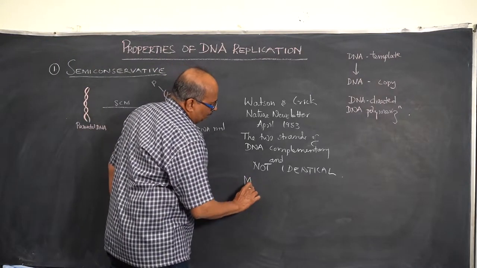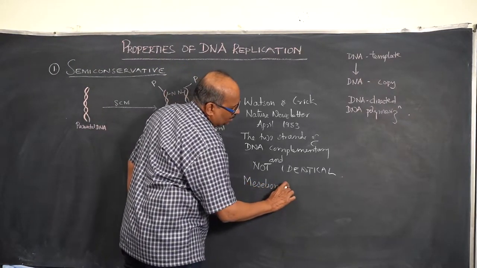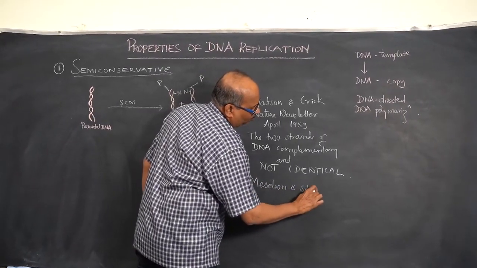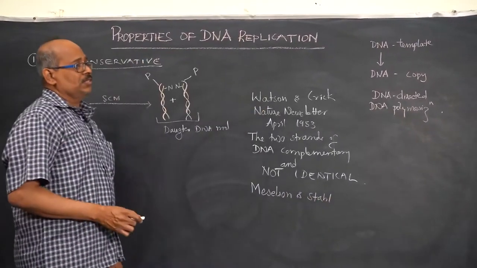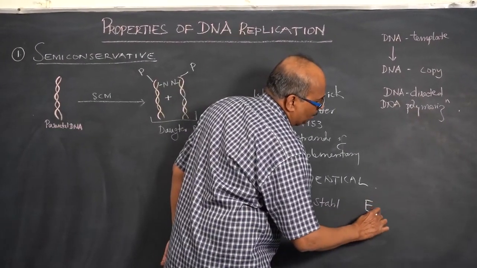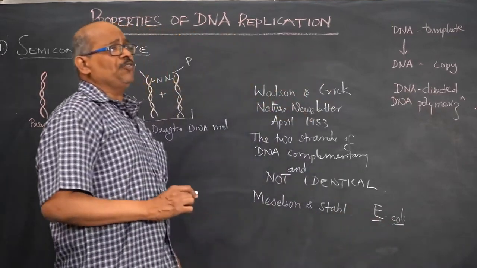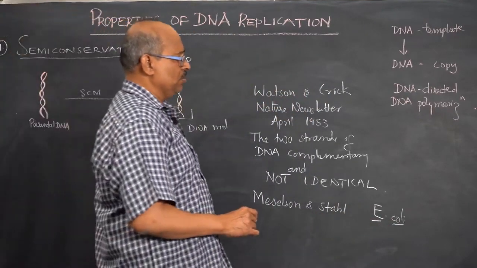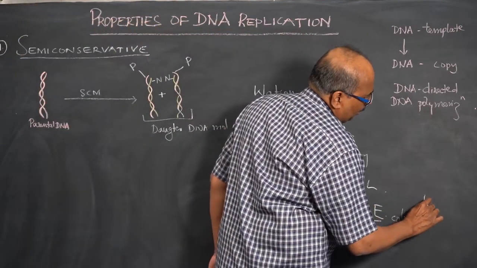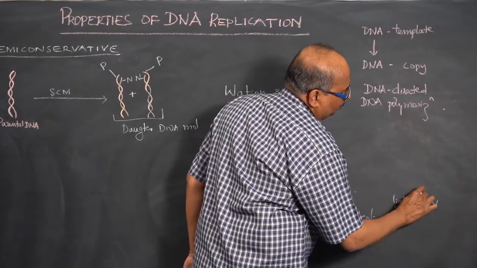The experimental evidence for this mechanism was provided by Meselson and Stahl. They used E. coli as the organism. They used two different nitrogen isotopes. One, the light isotope, which we call N14.